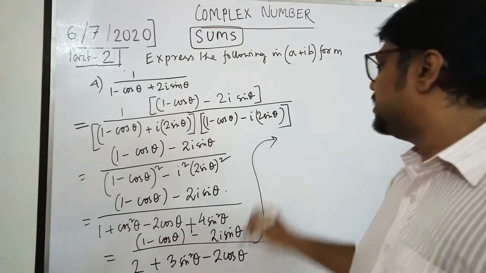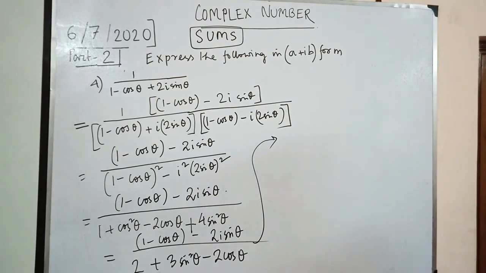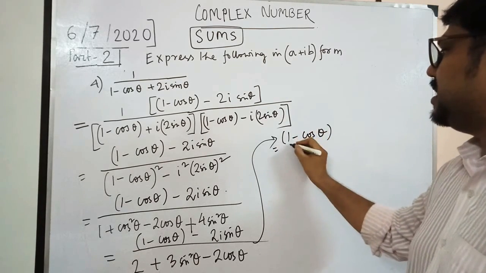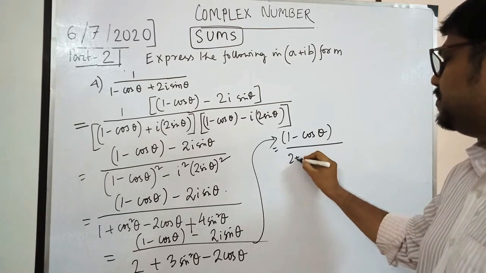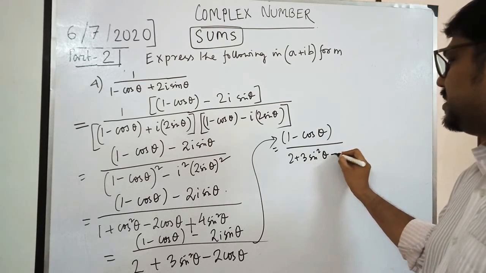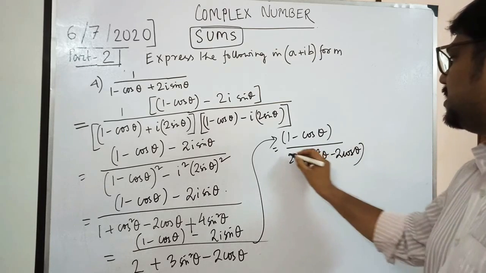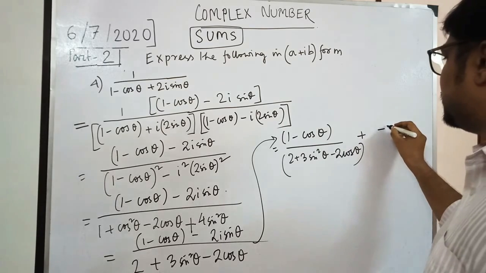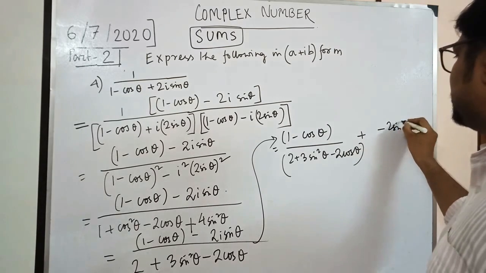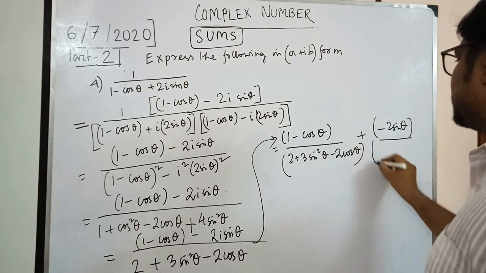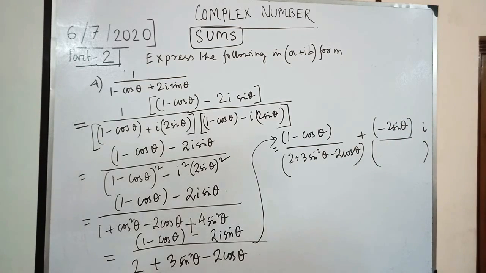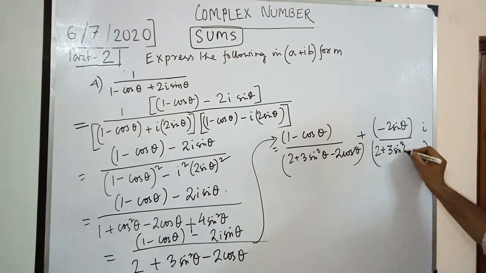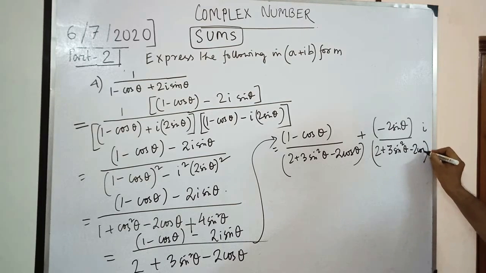So after this I can write over here, it's almost ended, it is equal to (1 minus cos theta) by the whole thing, by this denominator, which is 2 plus 3 sine square theta minus 2 cos theta, and then minus 2 sine theta by the same denominator into i, which is 2 plus 3 sine square theta minus 2 cos theta.